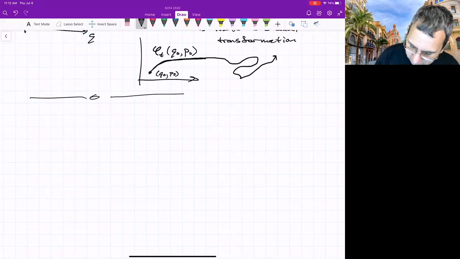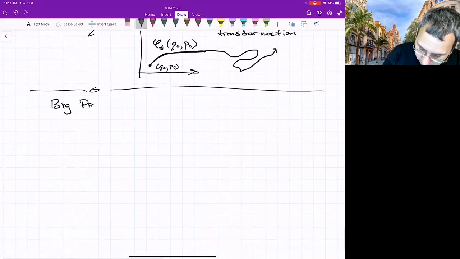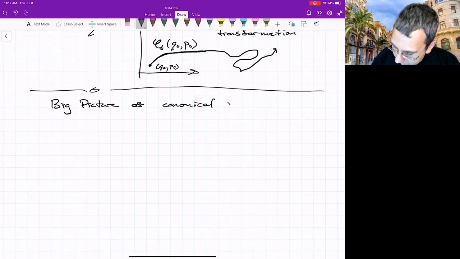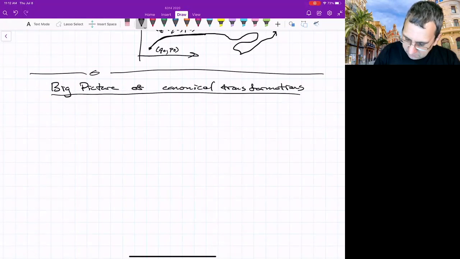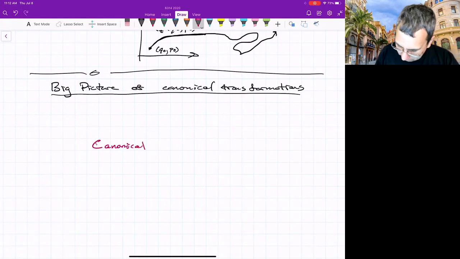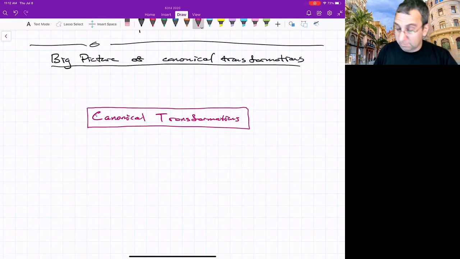So I'll summarize with the big picture of canonical transformations. Now that we've seen a bunch of things about them, we haven't yet done everything. So the big picture is that we'll prominently put canonical transformations. And what are they? It's kind of weird what they are. Are they changes of variables? Yes.